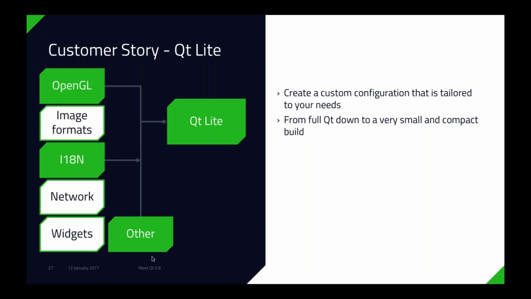You can go the full scale, from a very small and compact build with very few features, up to a full build of Qt that includes pretty much everything that we have. And you can choose very fine-grained what your needs are in this area.